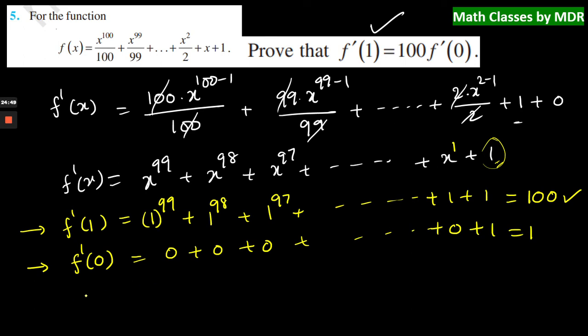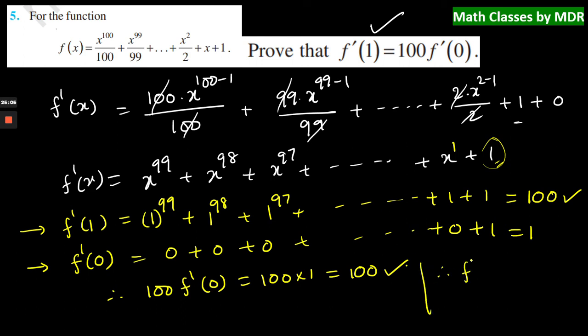Therefore 100 into f prime 0 is equal to 100 into 1, which is equal to 100. That's it. So f prime 1 is equal to 100 into f prime 0. Hence proved.